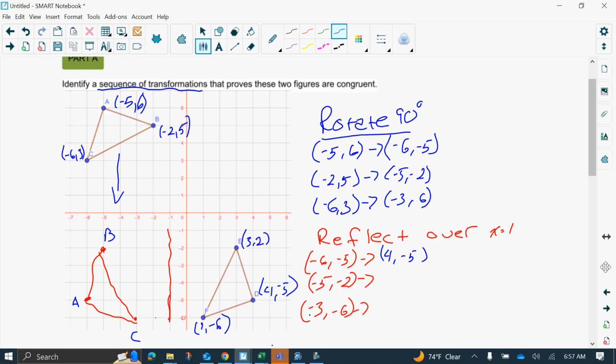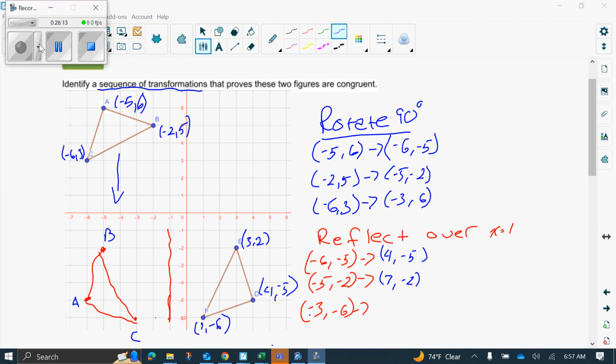Two minus negative 5. I'm going to pause for a second, figure out what I'm doing wrong.